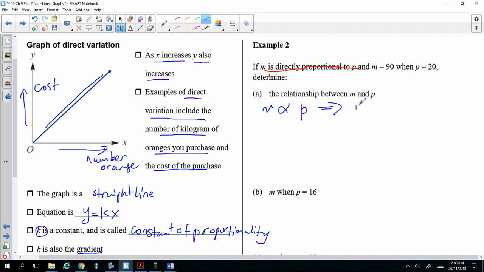To find the k, we use the values that are given. M is 90 when p is 20. Now k is simply 90 over 20, which is 9 over 2. So therefore your equation becomes m equals 9 over 2 p.